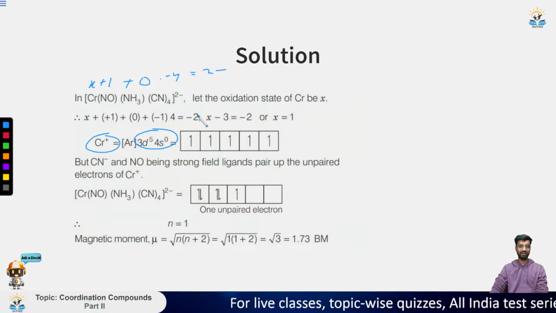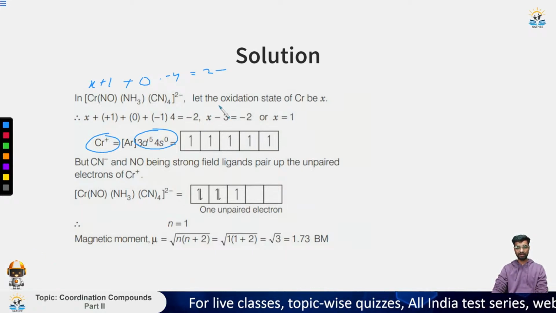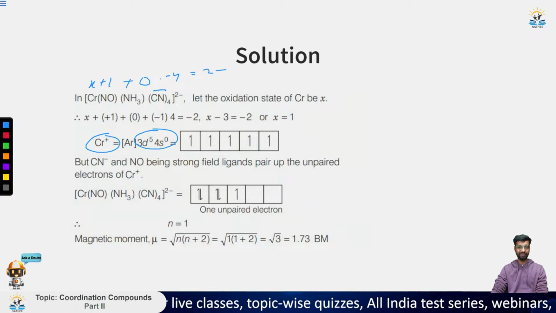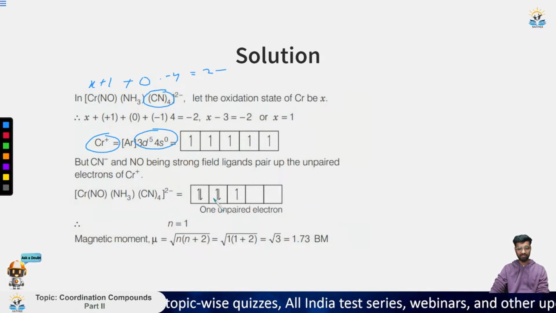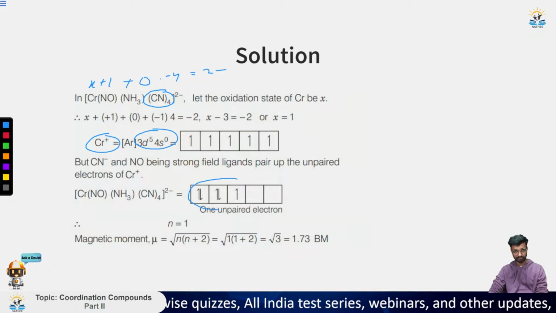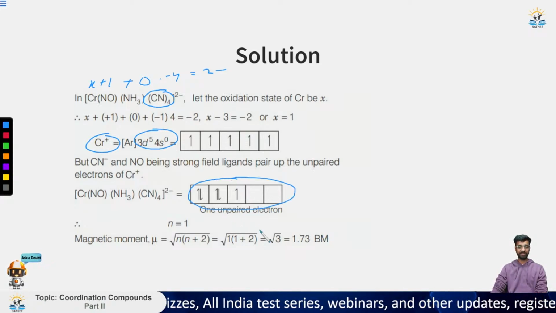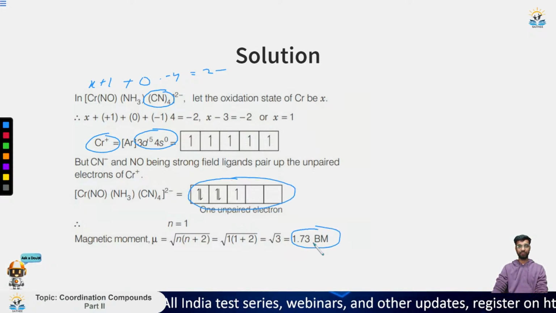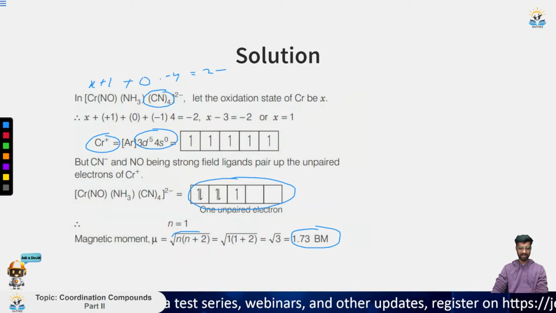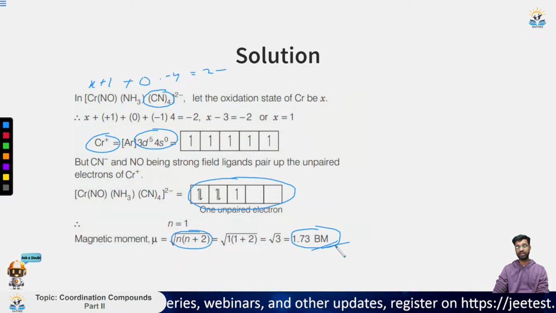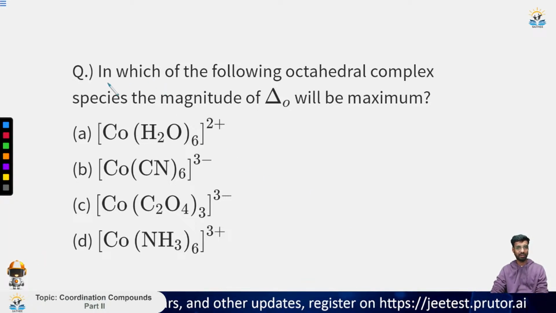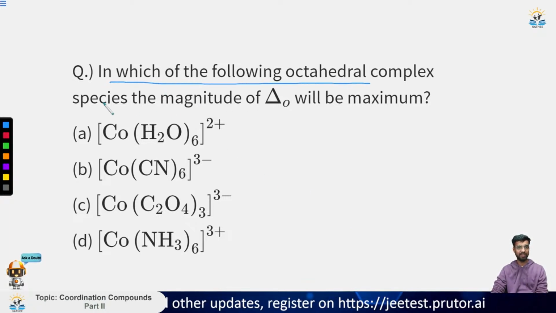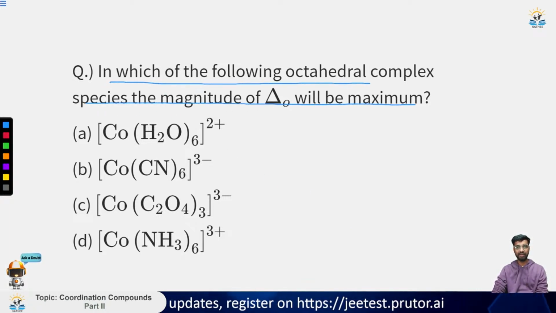Since I have told you that if one strong ligand is present, it can pair up the electrons, and we have CN- as a strong ligand, it will pair all the electrons, and we will get this electronic configuration finally. So the formula is the square root of n(n+2), that is 1.73 Bohr magnetons.